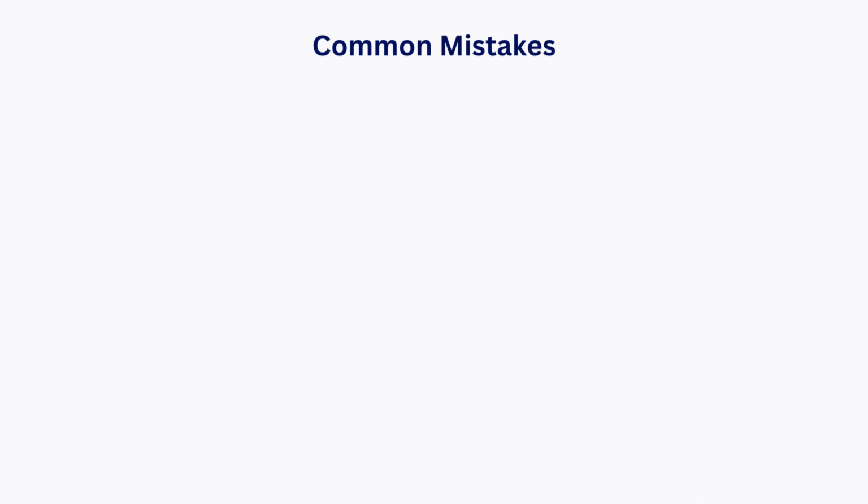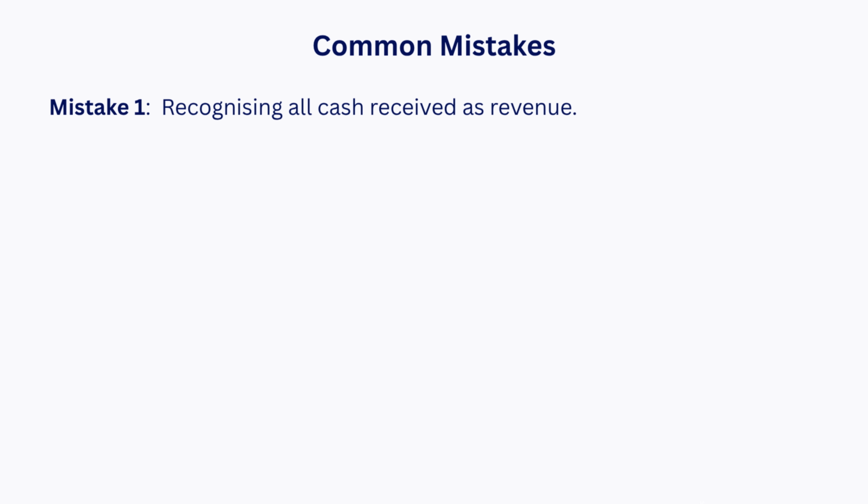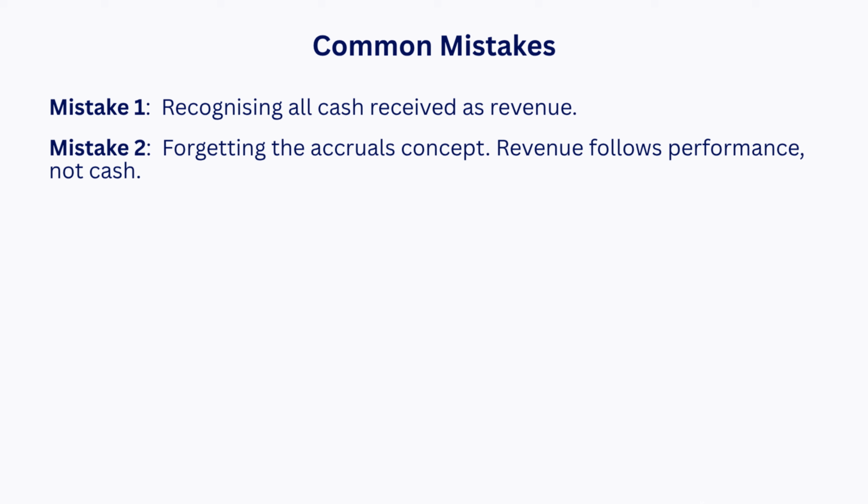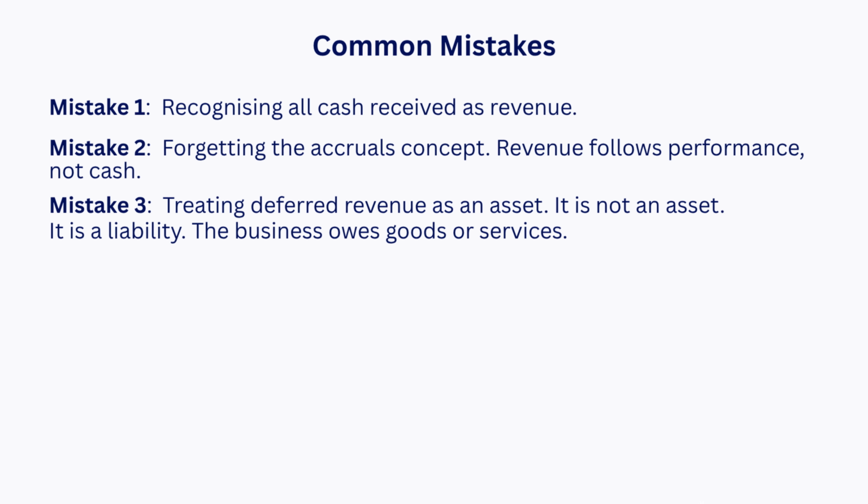Let's look at mistakes usually made. First mistake is recognising all cash received as revenue. Remember, cash received does not automatically equal earned revenue. Mistake 2, forgetting the accruals concept. Revenue follows performance, not cash. Mistake 3, treating deferred revenue as an asset.